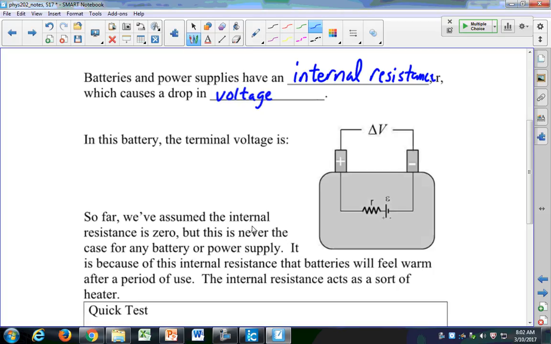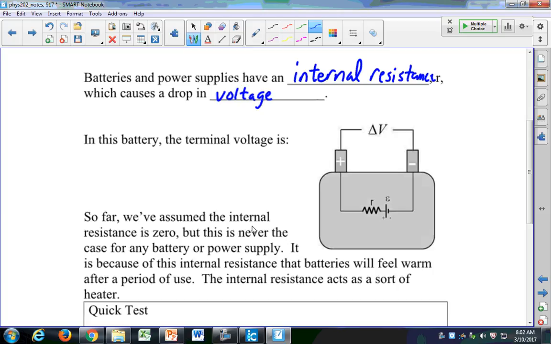In fact, what happens to a resistor when you run electricity through it? Well, it gets hot, right? Some of y'all have seen that in lab. If you run too much current through a resistor, it'll get hot, and sometimes it'll even fizzle up and burn. And the more and more resistance you have, it'll get hotter and hotter as you run more and more electricity through it.